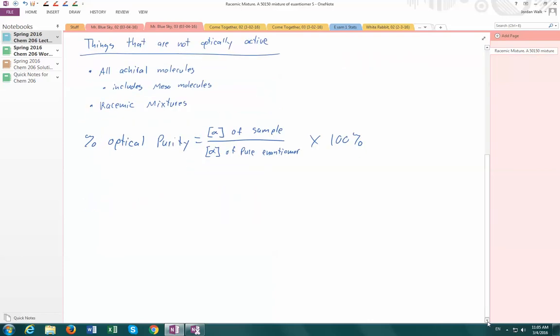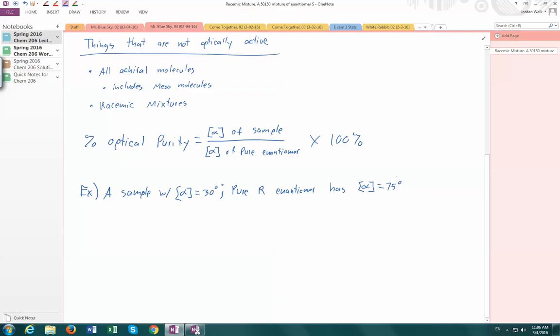All right, so for example, let's see if we have a sample. All right, so we have a sample with an observed rotation of 30 degrees. And we already know that the pure R enantiomer has an observed rotation of 75 degrees.